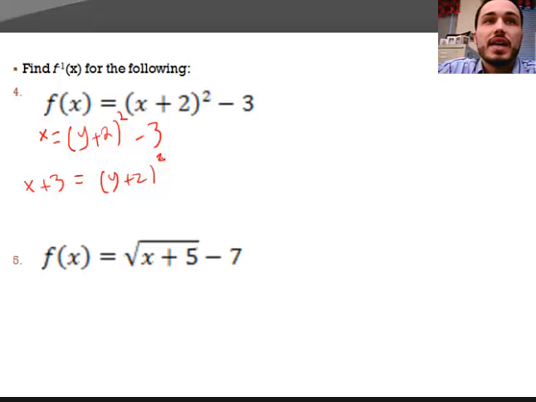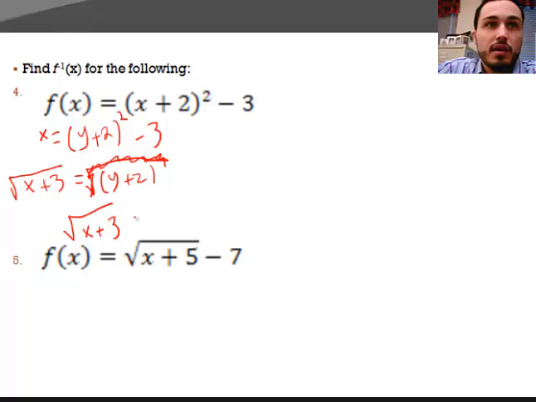Now here, to cancel a square, the opposite is square root. So I've got the square root of this side, the square root of the entire side over here. Well, these things cancel, and now I've got the square root of x plus 3 equals y plus 2. Subtract 2 from both sides and you've got your answer.